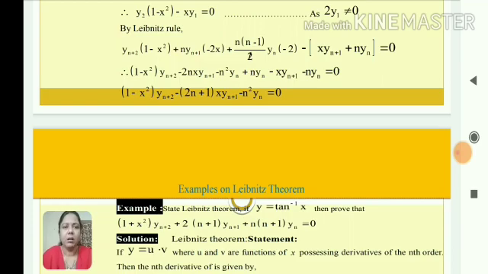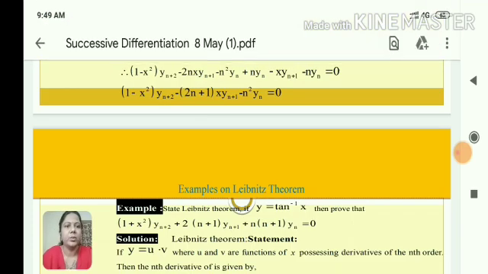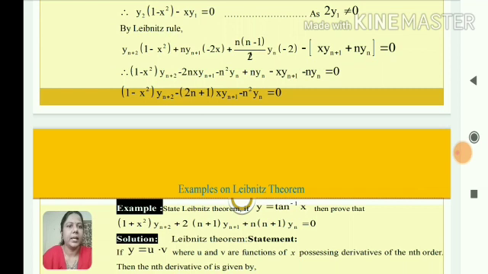Now we'll see the simplification, which terms get cancelled. In the next step we get (1 minus x square) into yn plus 2 minus 2n x yn plus 1. Here two terms get cancelled: minus n square yn plus n yn, then minus x into yn plus 1 minus n into yn.